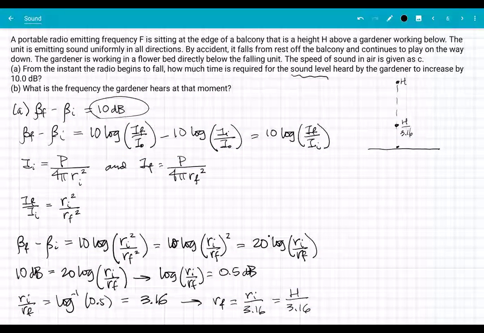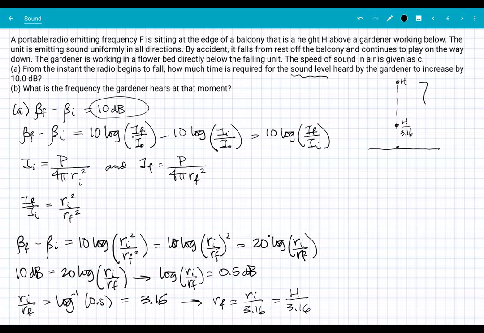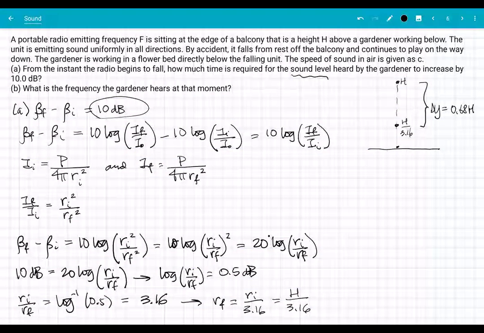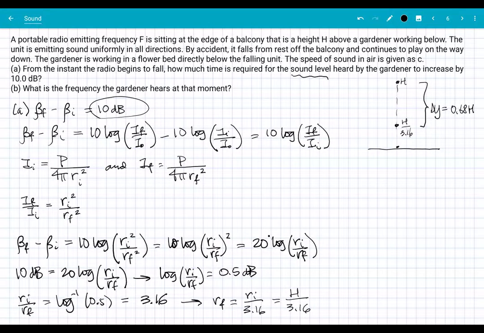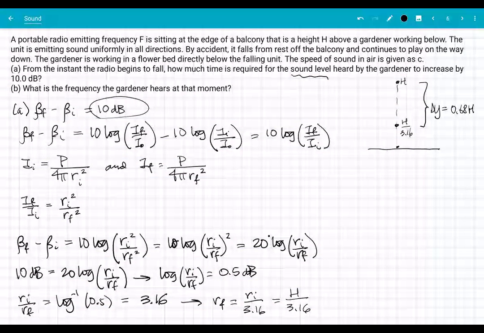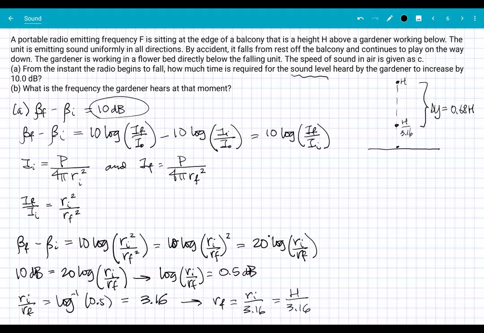Here's that point, right? So this delta y is equal to 0.68 H. So that's how far the radio has fallen when the sound level increases by 10 decibels. The question though asks us how much time is required, so we need a little kinematics for that.